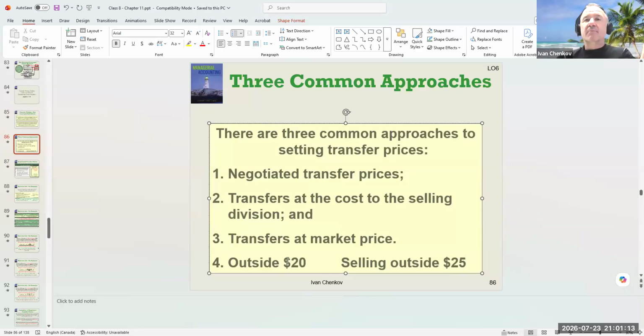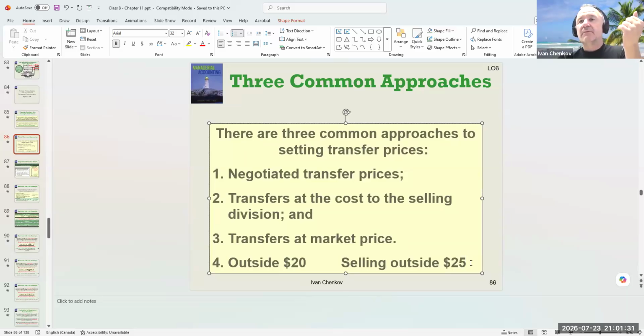Why? Because I can buy it from outside for 20. So for that reason, the maximum price that I'll be willing to pay to buy the item internally will be the price that I'm paying outside.